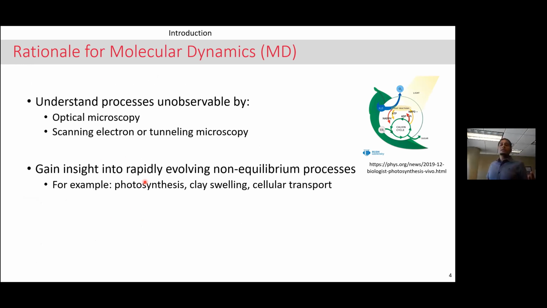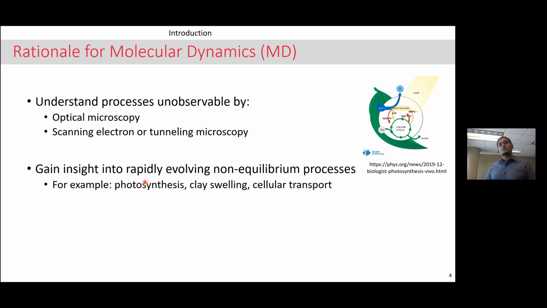So why do we need to model really, really small things like atoms and molecules? Well, it turns out that we can't really observe lots of things with microscopy, even with some of the more advanced microscopes out there, scanning electron microscopes and scanning tunneling microscopes. We can't really observe these things. And again, the other thing is we can't observe them at high temperature, high pressure, or in their native environments.